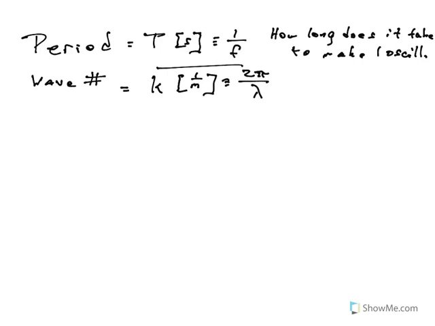Now this wave number thing is purely a matter of making some equations we're going to see later look a little nicer. Okay, so it's not as important. Wavelength makes sense. It's how far the wave goes in doing one oscillation. Wave number is just kind of a manipulation to make an equation easier later on.